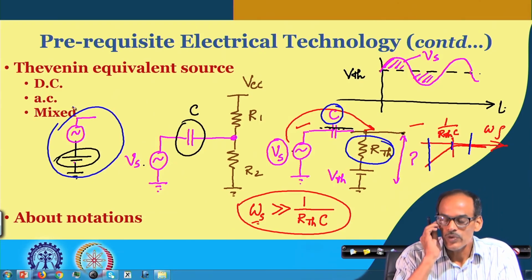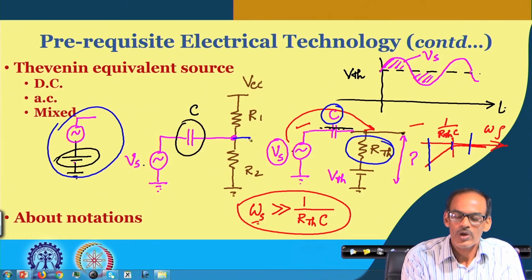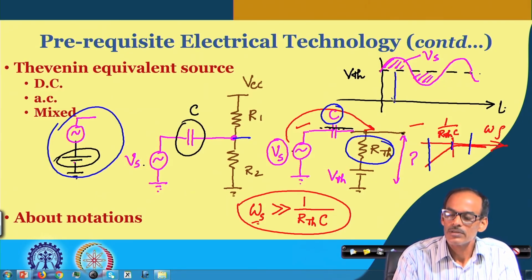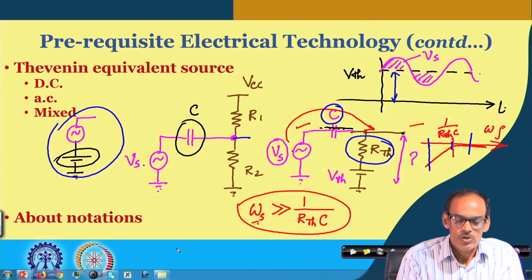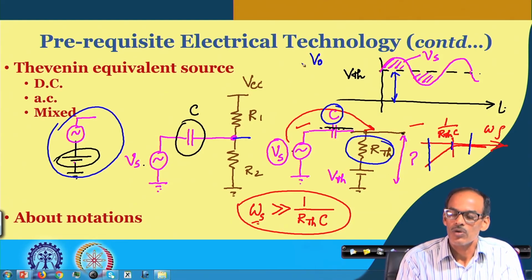So, whenever we have, at any node, a signal or voltage, we have one DC part, and then we have the signal part. The DC part, suppose the voltage at the output node is V small o, we call this V capital O, the DC part, and then the signal part we will denote by v small o.